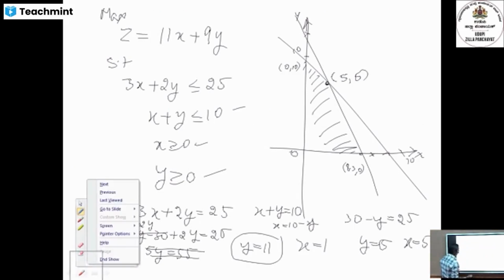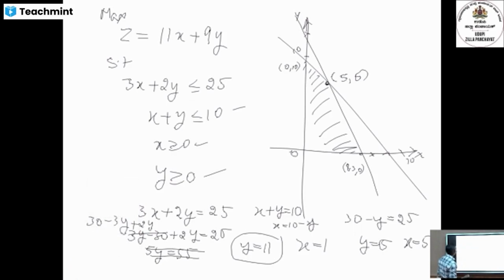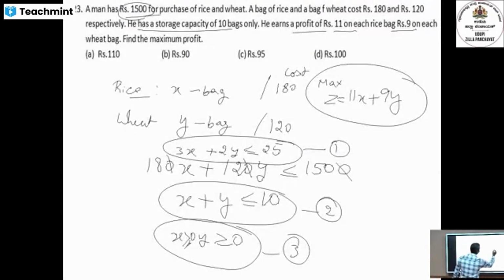If you substitute (5, 5) in the objective function, you will get 55 plus 45, so that is equal to 100. And if you put (0, 10), it gives you 90.